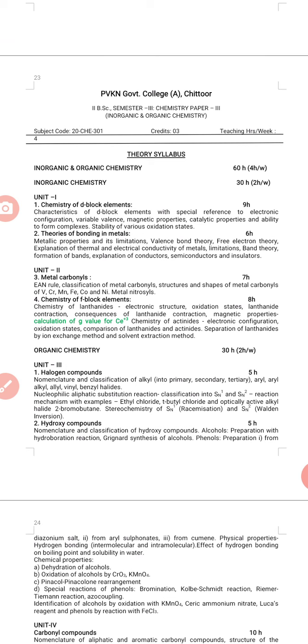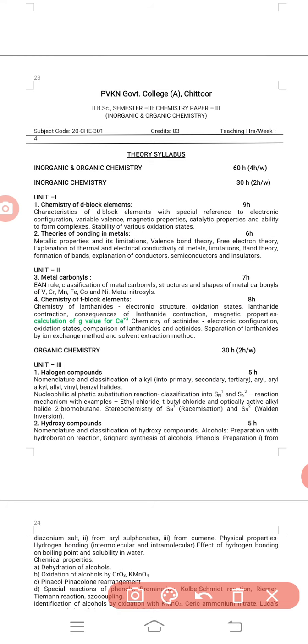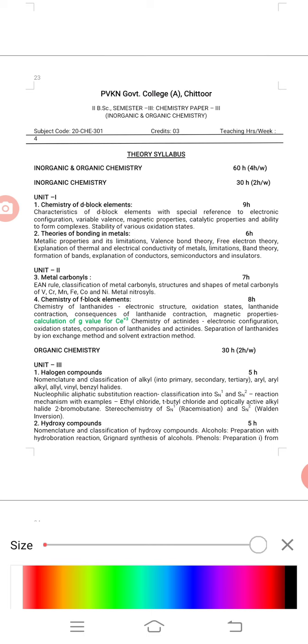This is the organic chemistry point of view. Next, halogen compounds. Very important in organic chemistry. Here all functional groups are covered. So what is a halogen compound? The compound containing halogen and carbon is called a halogen compound.